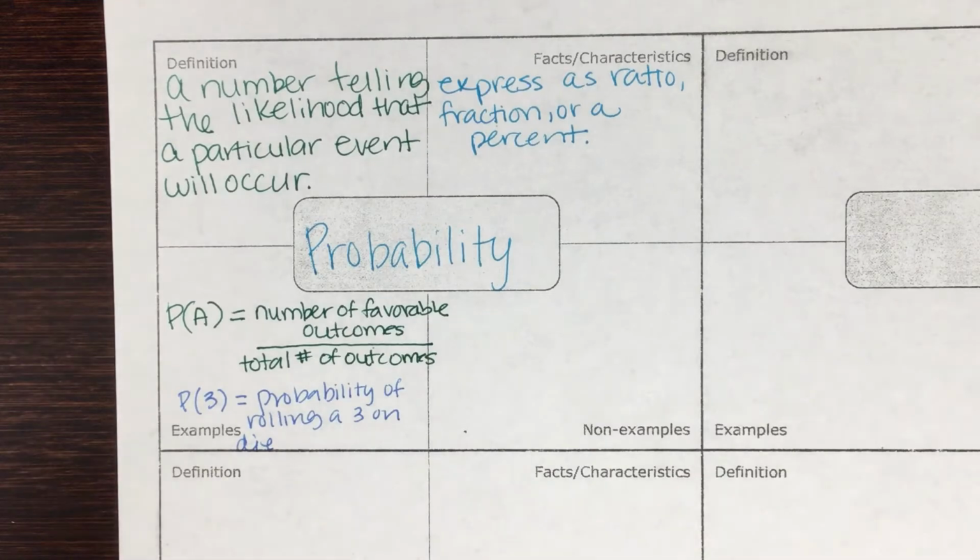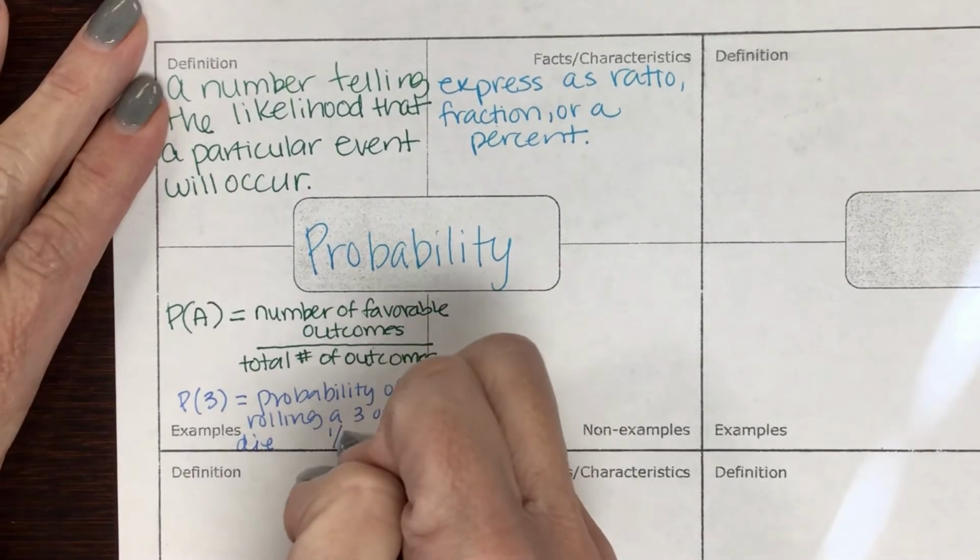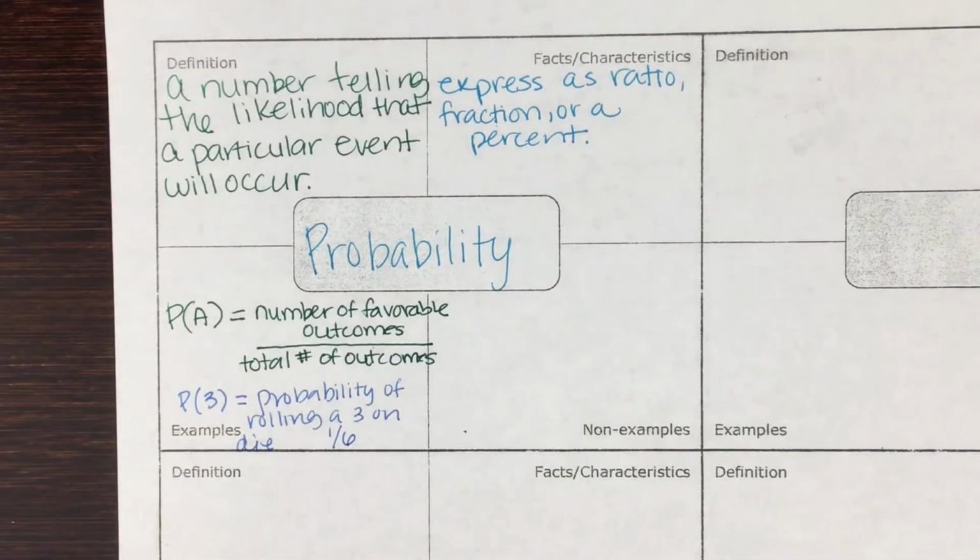Okay, so what's the probability of rolling a 3 on a die, or one dice? How many 3s are there? 1 out of 6. It could be the same true if I said the probability of rolling a 2, 1 out of 6, okay?